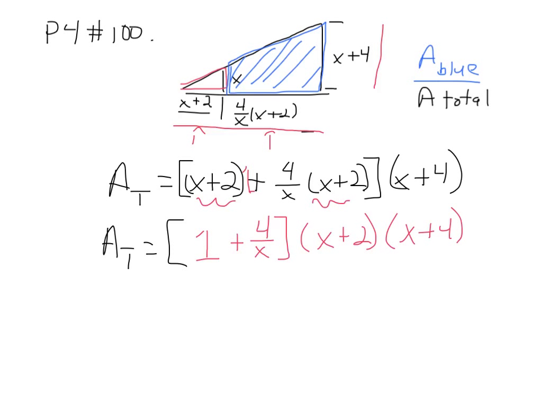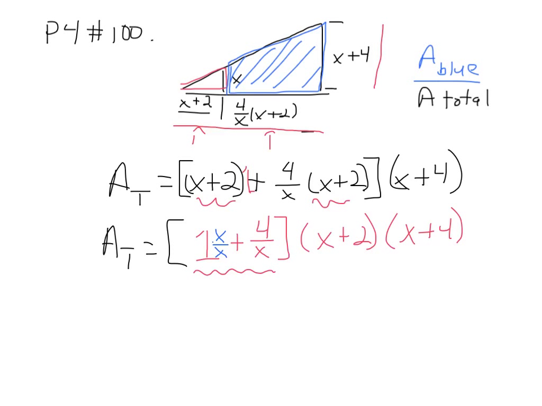Now, we want to simplify this a little bit. We have an x on the bottom, we have a 1 plus yada yada, and I like to have things that I can just multiply in. What we can do is take our 1 and multiply it by x over x, and that way we have a common base.